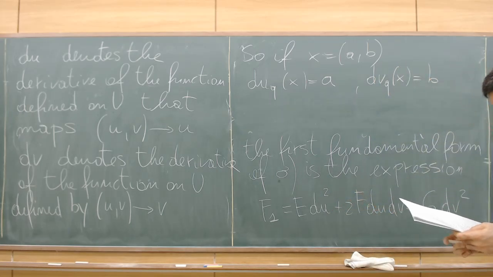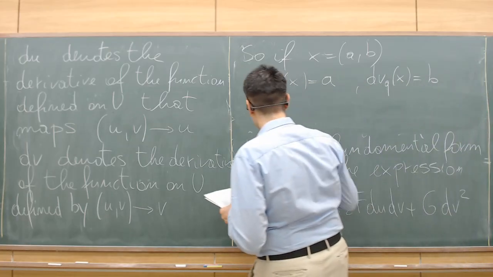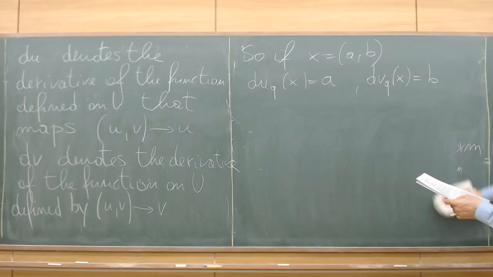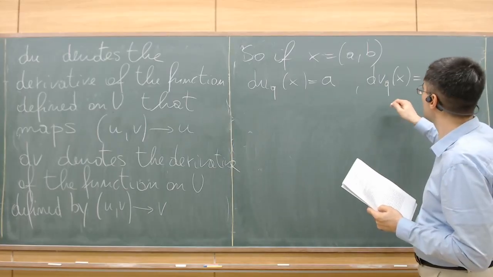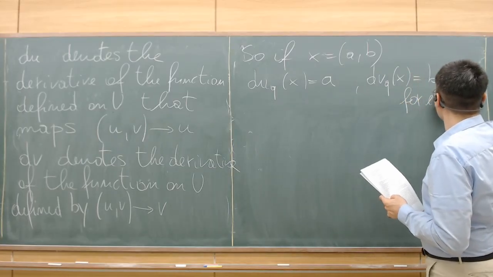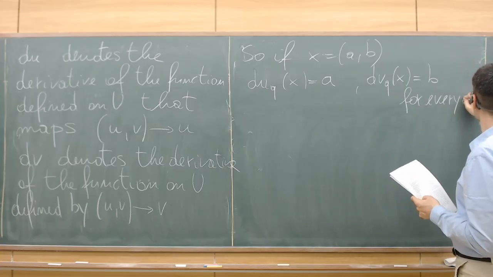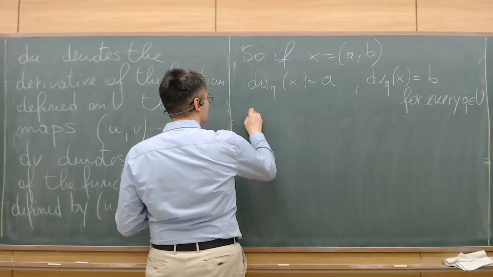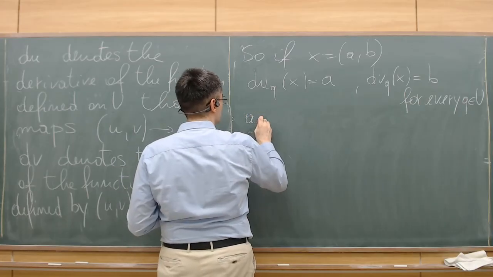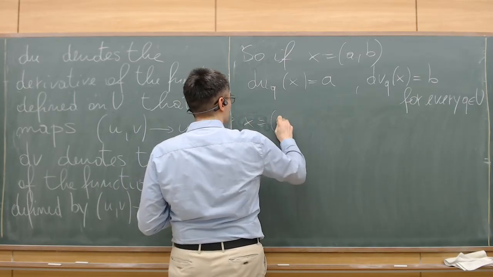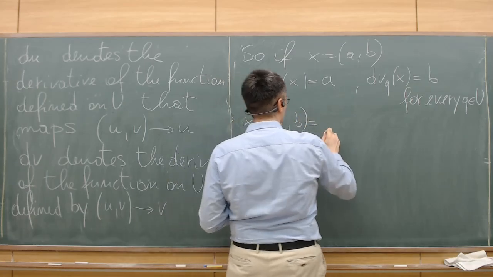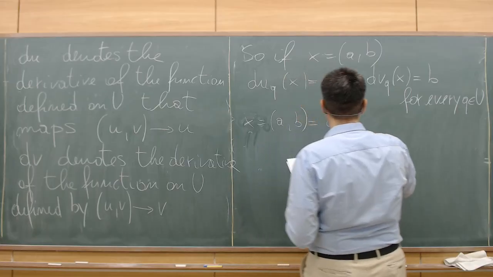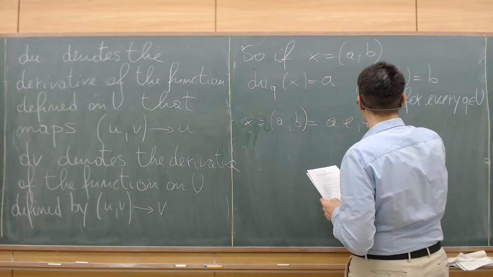Why is this true? Of course, for every q in U. Because you write, as before, X equal (a, b) equal a e1 plus b e2.